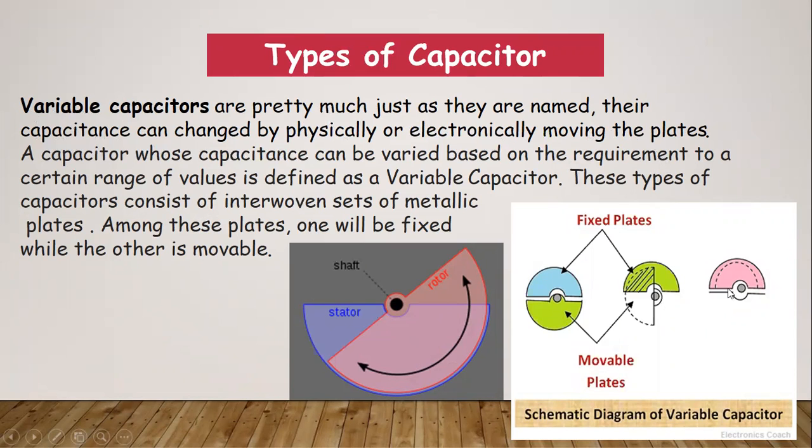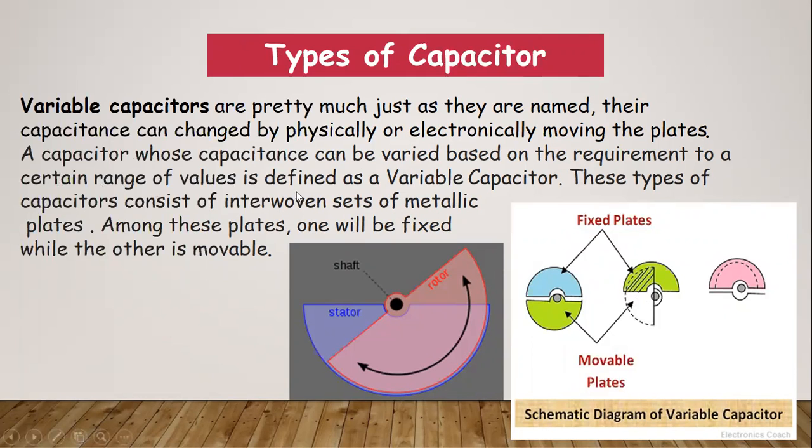You can see this is how the variable capacitor is made: there is one fixed plate and the other is movable. You can move this plate to increase the area, and we have done earlier that by increasing the area the capacitance increases, and by decreasing the area the capacitance decreases.